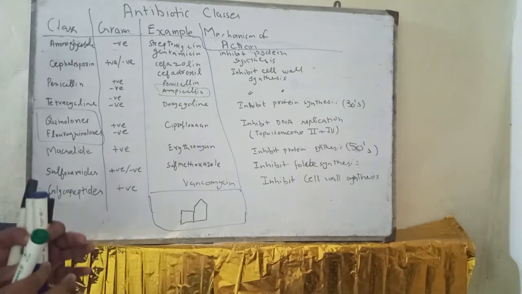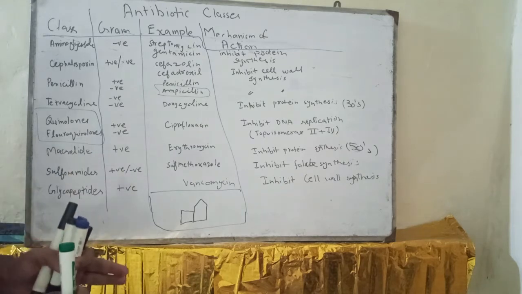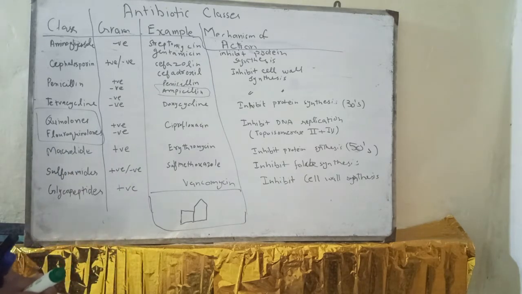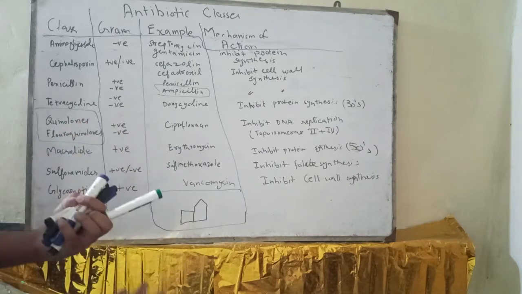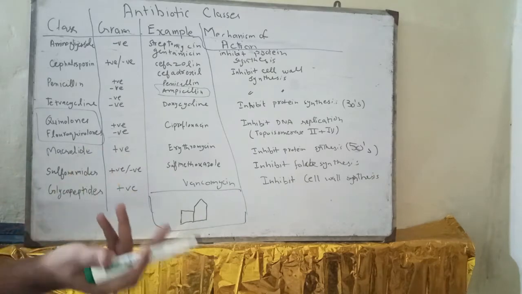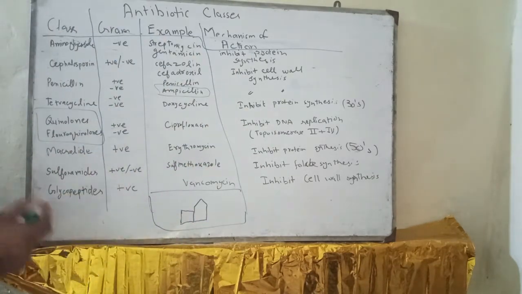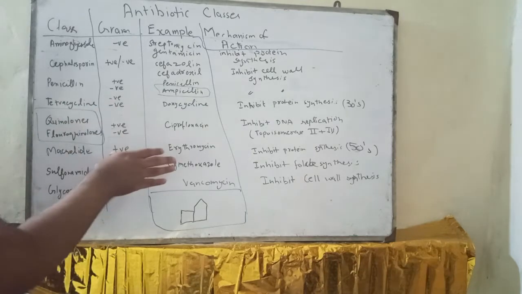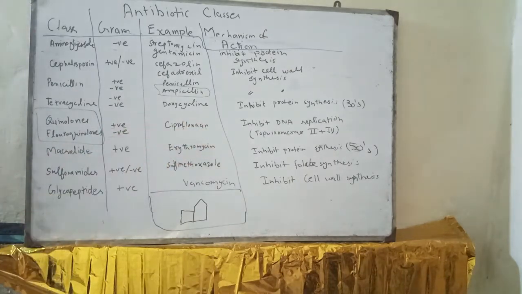But we cannot say for certain whether it is really broad spectrum or not, because in gram-positive and gram-negative it can only cover 1 to 2 bacteria. If it covers a long range of bacteria, gram-positive and gram-negative, then we can say that it is a broad spectrum antibiotic. So in this drug class, quinolones and fluoroquinolones, we have the example ciprofloxacin.